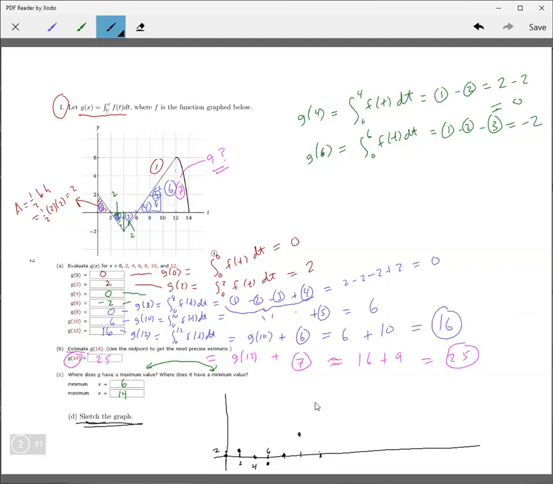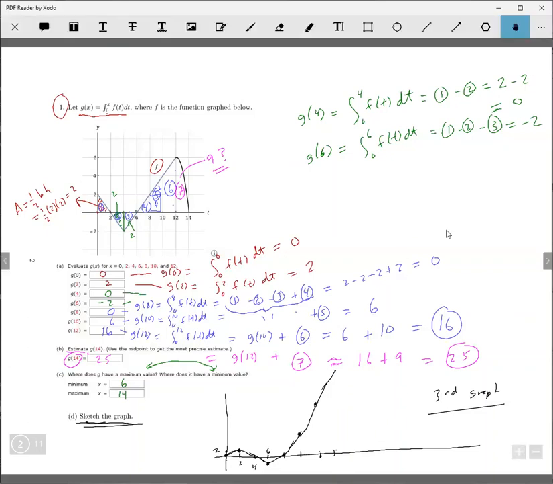So you're way up here. Okay, so it looks like it goes something like this. Oh, and then at 14, it's at 25, it's even higher. So it's something like that, okay? So that's what g is going to look like. And it's the third one. The third graph is what it looks like. Or you can compare this one with what's in the WebAssign.